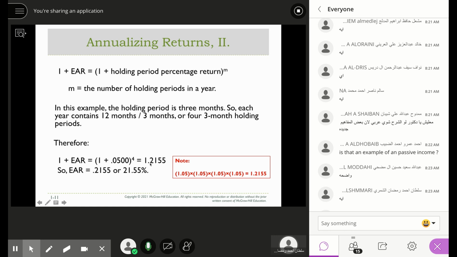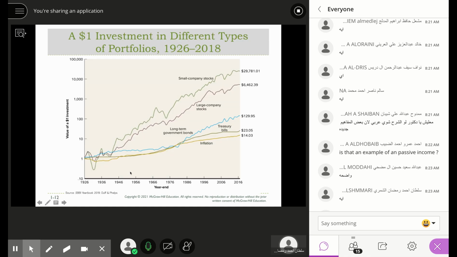It's equal to 1.2155. To have the effective annual return, we take the 1 to the other side of the equation. So it's 1.2155 minus 1. This is equal to 0.2155. If you would like to express this in percentage, you multiply this number by 100, and it will be 21.55%.